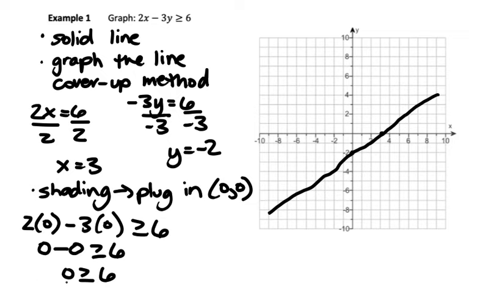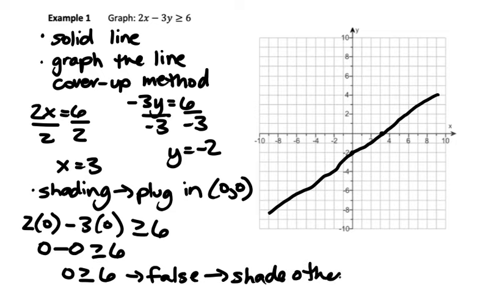So what I have here is 0 greater than or equal to 6. And I want to think about, is this true or false? Is 0 greater than 6? Well, no, it's not. It's smaller than 6. And so this is false, which means that I shade the side that does not contain (0, 0).